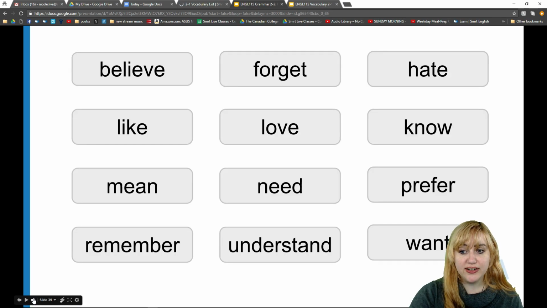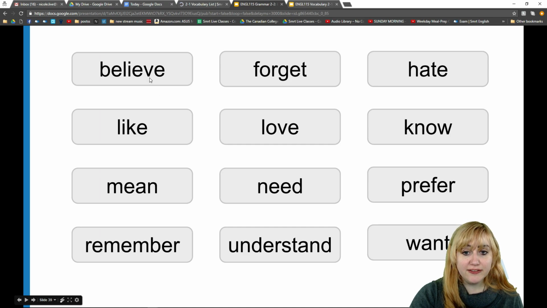So these words are state verbs. They are not all the state verbs. There are more. We also have something called mixed verbs, which are verbs that are sometimes state and sometimes not. But for this level, here's a good list to help us get started. We have 12 verbs here.